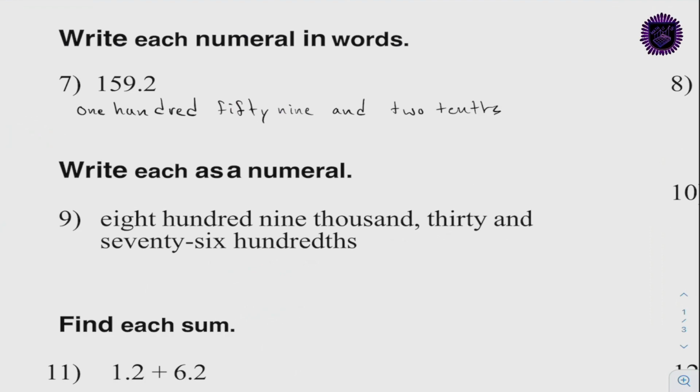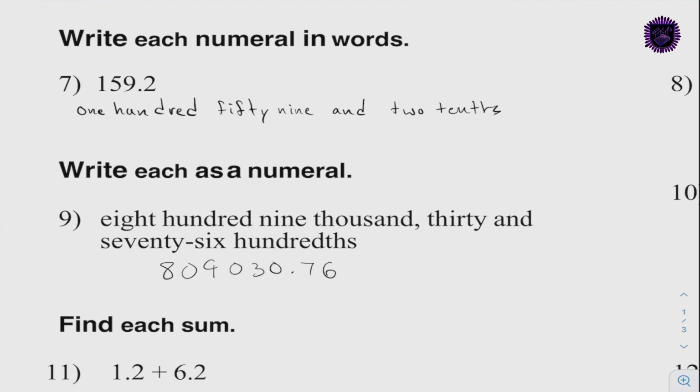$809,000. 809,000 30 and 76 hundredths. 809,000 30.